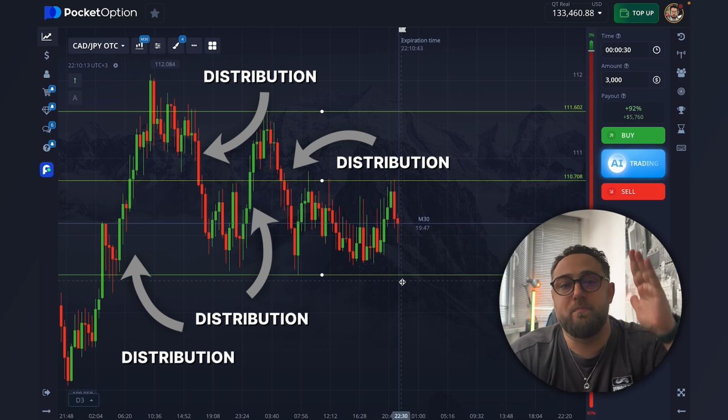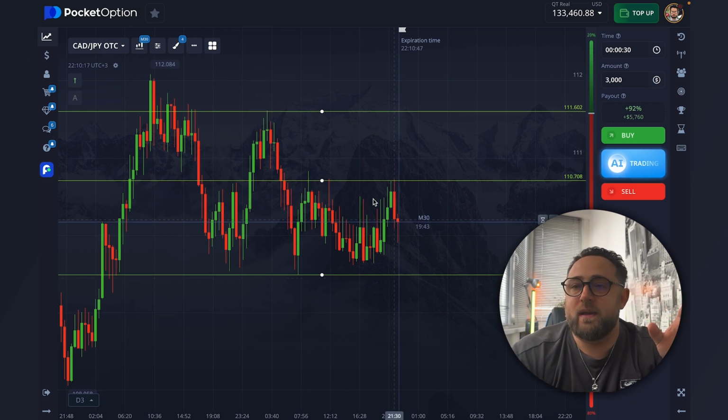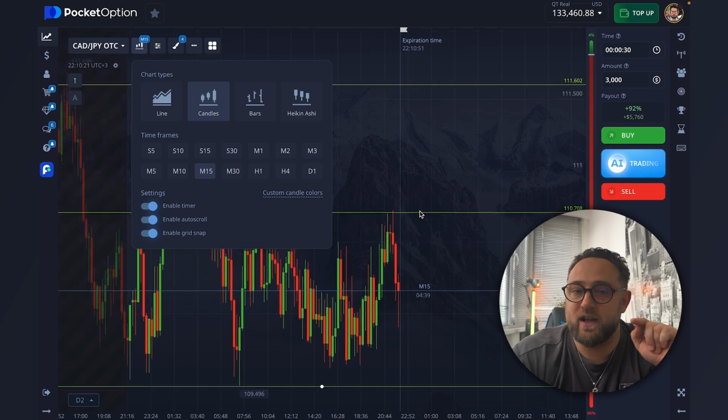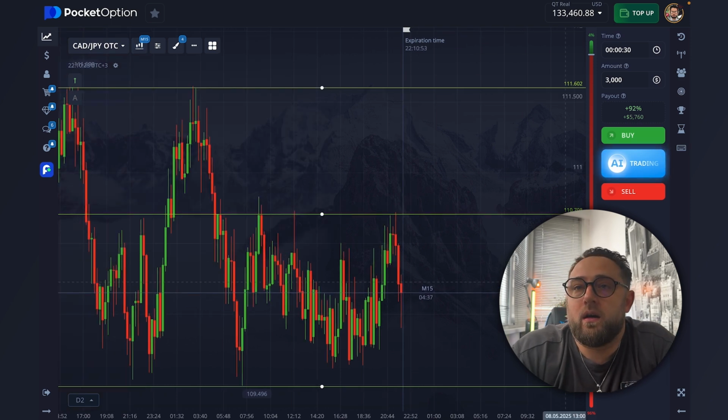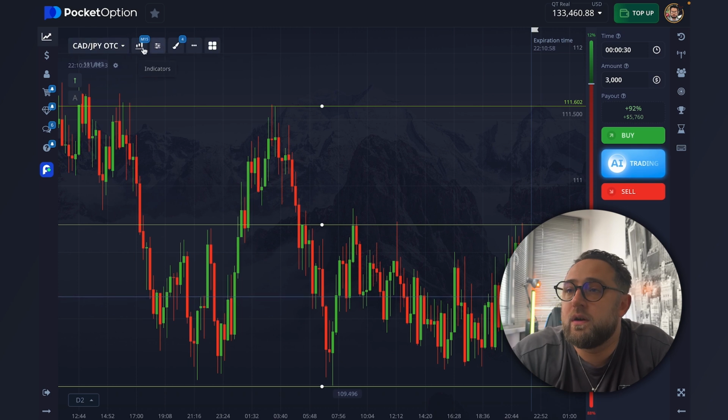Distribution, when it's going big up or big down, 30% of the time the market is in this distribution zone, and that's where we catch our profits. Okay, let's go back to S5.